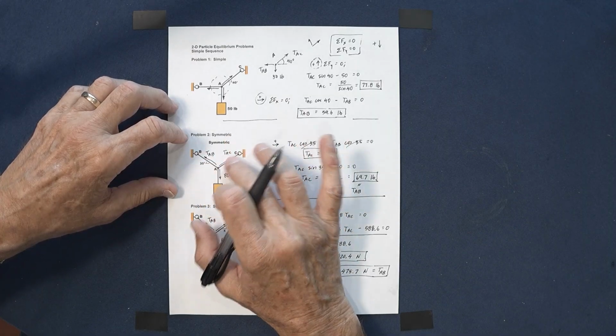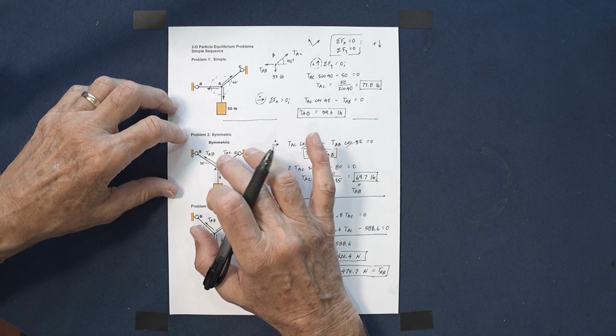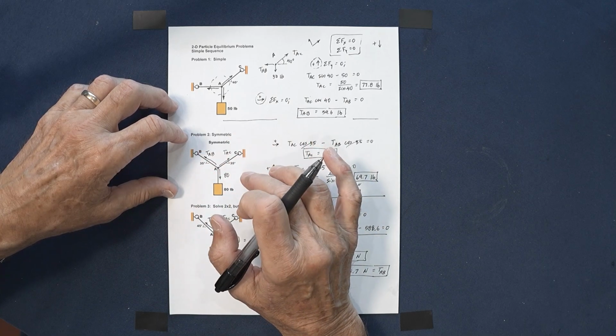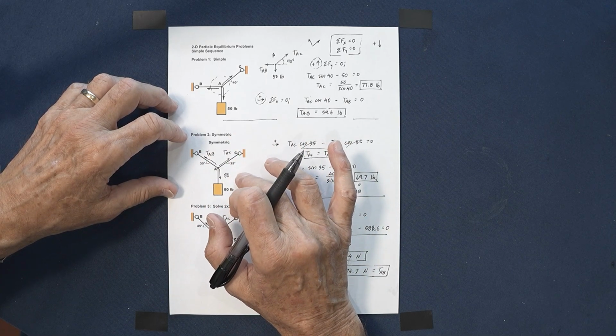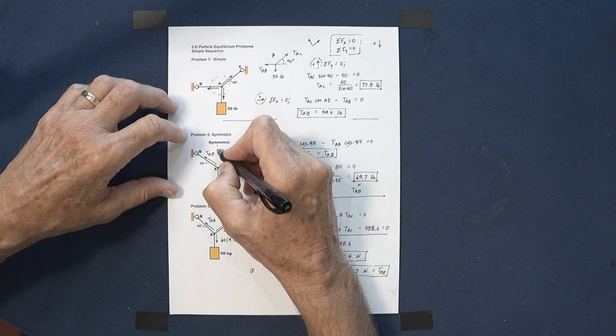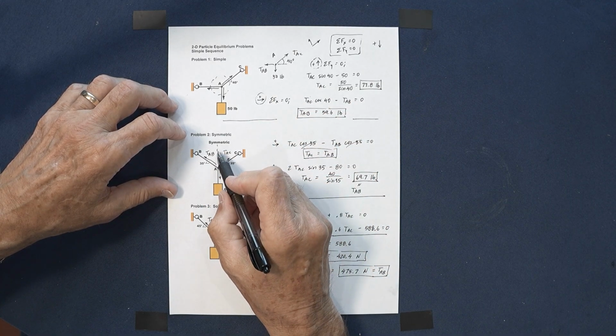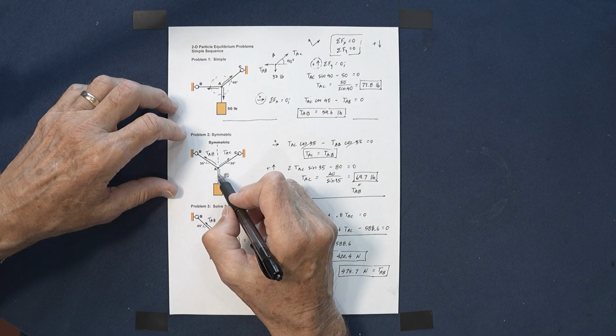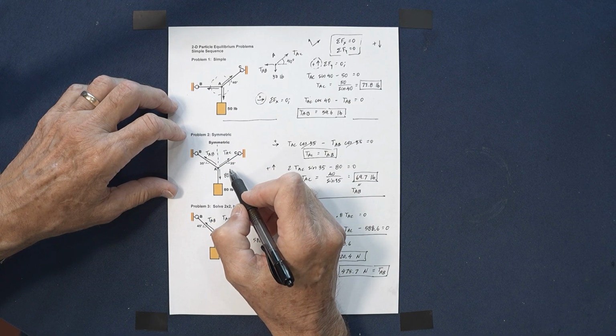But if you have two cables, neither of which is vertical or horizontal, then they both have x and y components. But in this case, you can tell by looking at the problem that this guy is symmetrical about a line that passes through A and then passes through your weight.